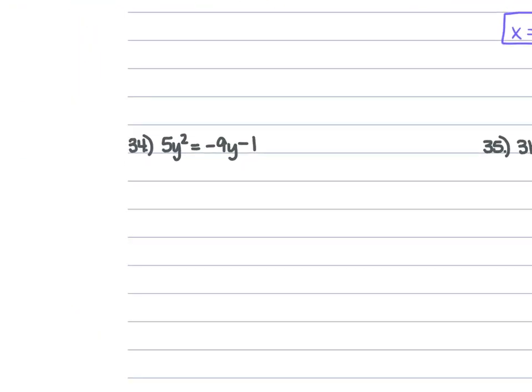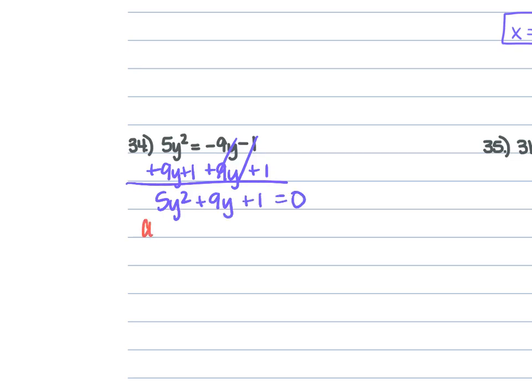For 34, we're given 5y squared is equal to negative 9y minus 1. So we are going to add that 9y over and the 1 to both sides and be left with 5y squared plus 9y plus 1 is equal to 0. So our A is 5, our B is 9, and our C is 1.